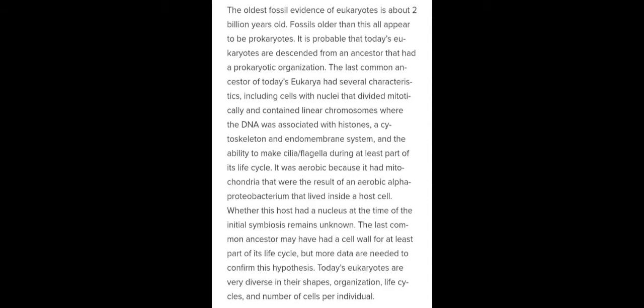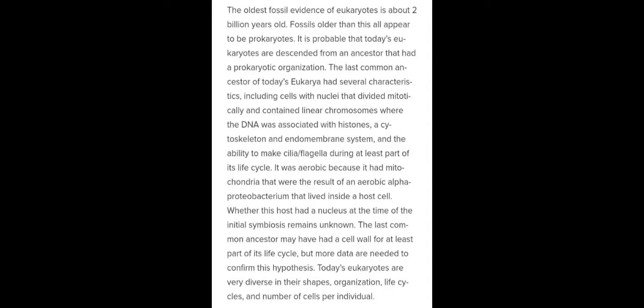The last common ancestor of today's eukarya had several characteristics, including cells with nuclei that divided mitotically and contained linear chromosomes where the DNA was associated with histones, a cytoskeleton and an endomembrane system, and the ability to make cilia or flagella during at least part of its life cycle.